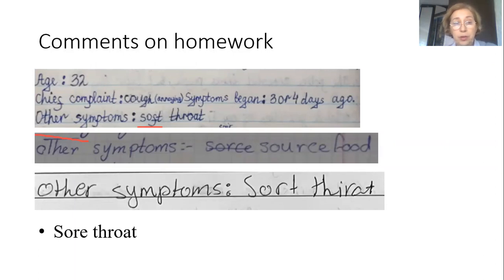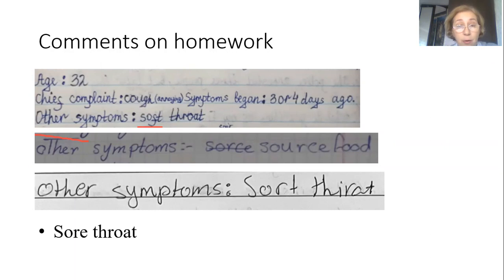So this is his chief complaint. But the other symptom that he was speaking about, one of the students wrote "soft throat." It's good that the student understands this is about pain in the throat, but he doesn't remember the exact spelling of this term. Other students have even written "sauce food."